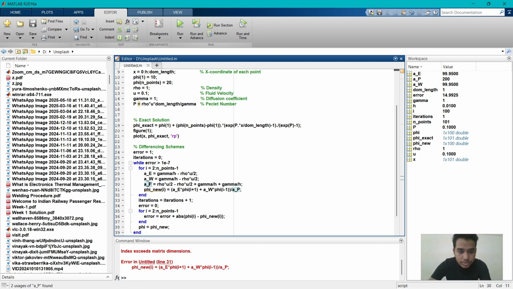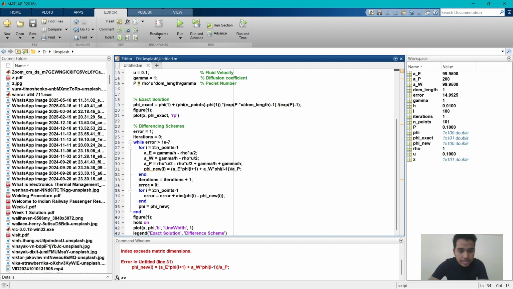Here phi nu is the discretized form of the above three equations, that is AE multiplied by phi I plus 1, plus AW multiplied by phi I minus 1, divided by the total AP. And here the loop ends. This loop is calculated for one iteration. For that I am using iteration equal to iteration plus 1.